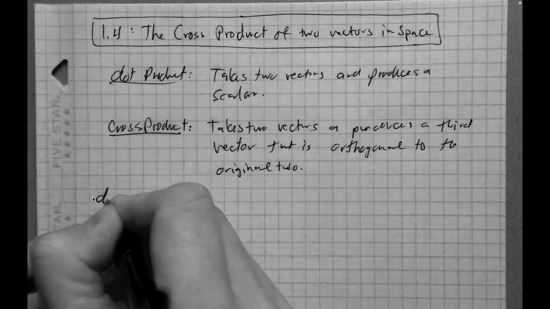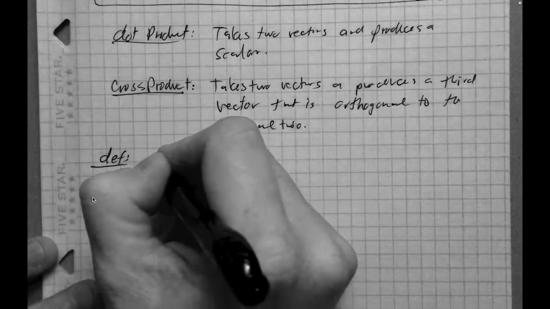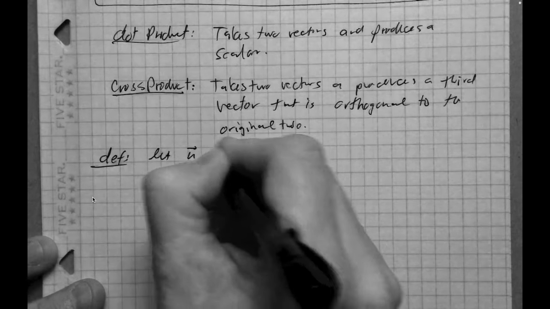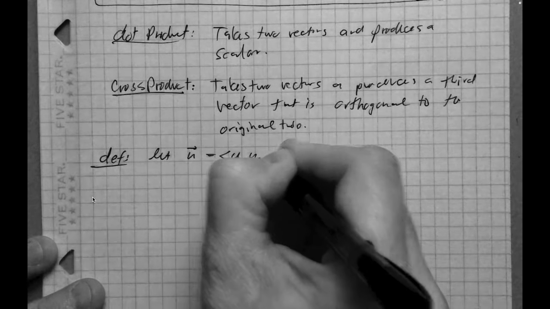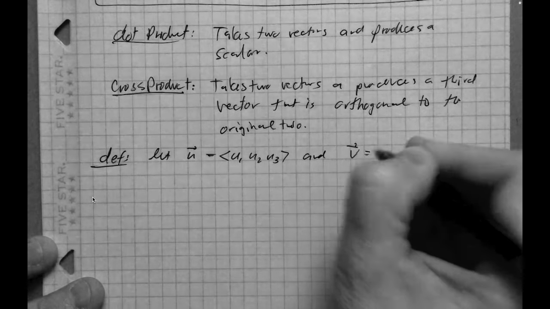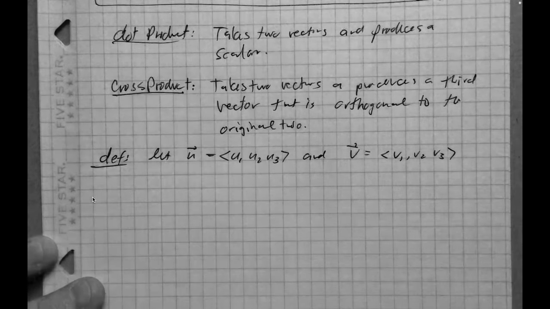Let's get kind of formal about this for a moment here. We'll let the vector u equal u1, u2, u3, and v equal v1, v2, v3.